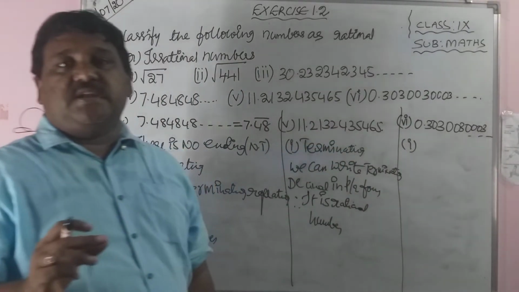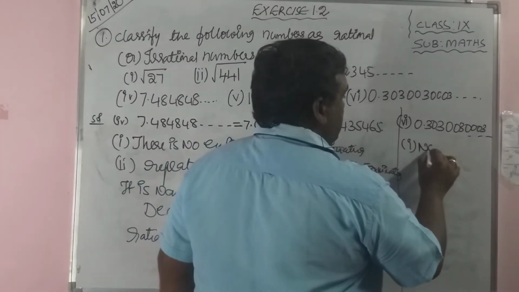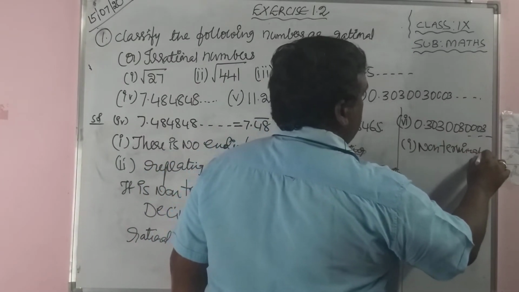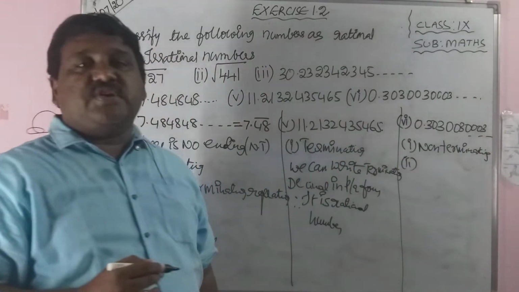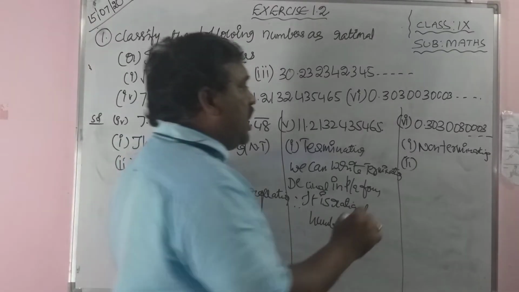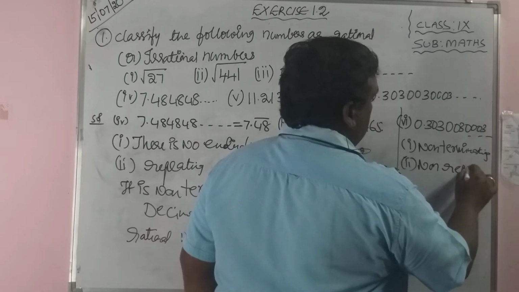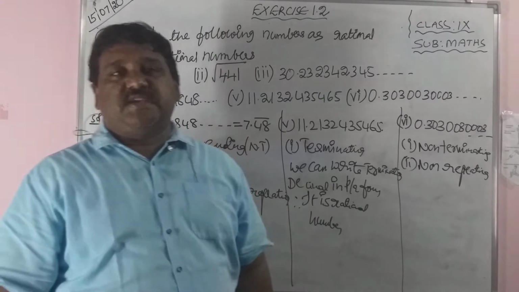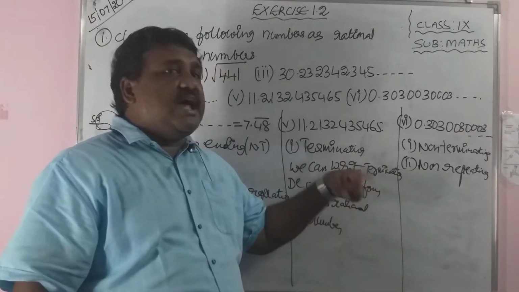First observation, it is non-terminating. Second observation, non-repeating. So, two observations. First one is non-terminating. Second one is non-repeating.